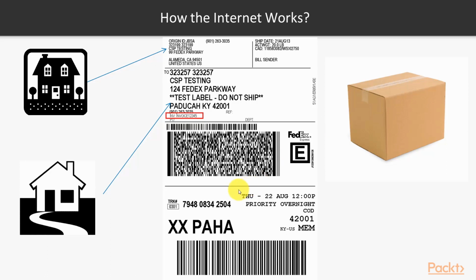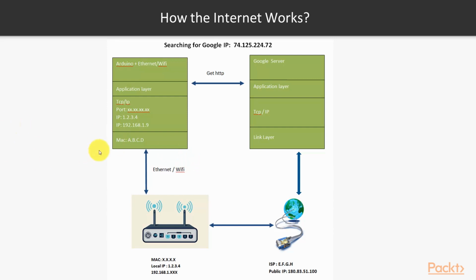Keep in mind that this tracking number is only valid until the package is delivered to your target, and then it is no longer valid and it can be reused. Wherever you see a MAC address, you can substitute it with the actual physical address of the house, because each and every device has a MAC address, and this is burnt into the device by the manufacturer.